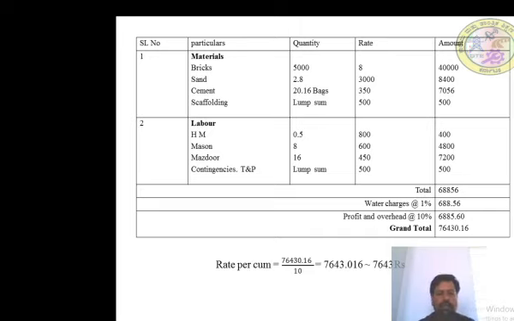The grand total is 76,430.16 paise. This grand total is for 10 cubic meter of brickwork. Then we convert into per cubic meter: the grand total divided by the total quantity. So 1 cubic meter of brickwork for execution of work is 7,643 rupees.